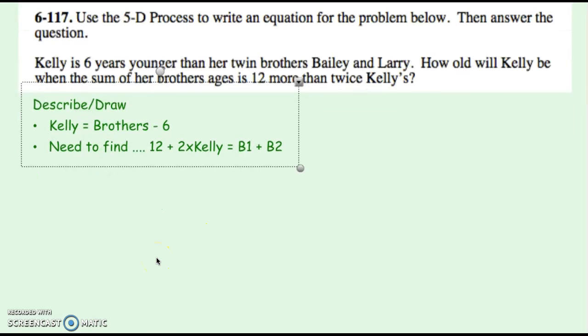Okay, the next part I would like you to do is the table, and I'd like you to do that on your own before you check with mine. I'm going to set up my table, so once you have your table set up, you can play the video again. So pause the video now and set up your table to do the 5D process.